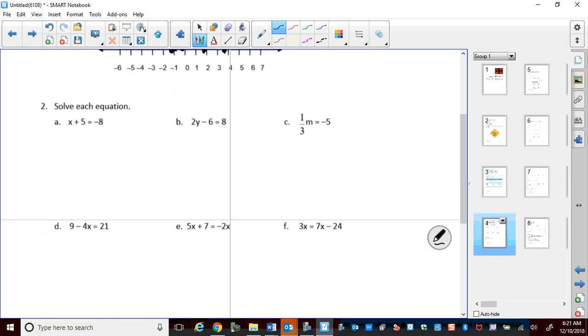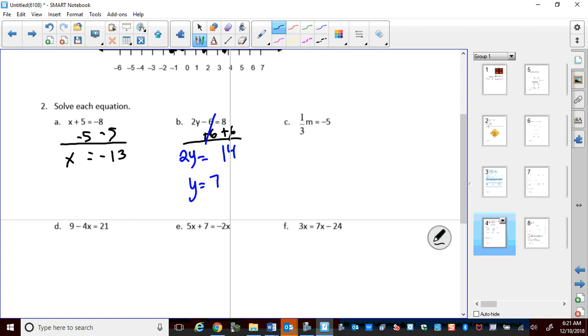For letter A, you're going to subtract 5 on both sides of the equal sign, and you get x equals negative 13. For letter B, I'm going to add 6 to both sides, go from left to right. 2y comes down, this goes away, equals 14, and then y equals 7.